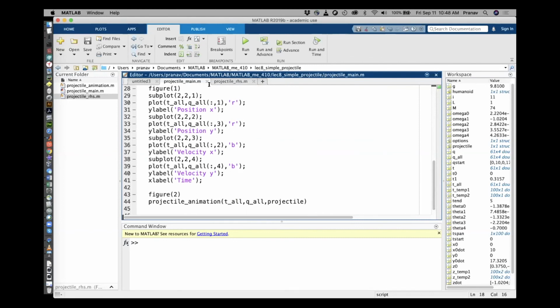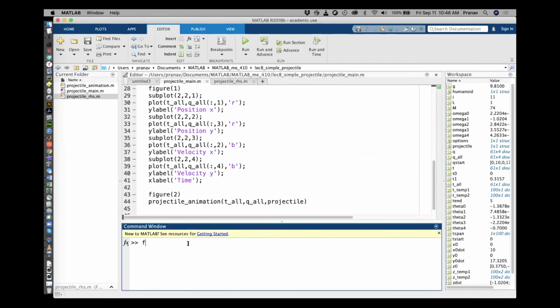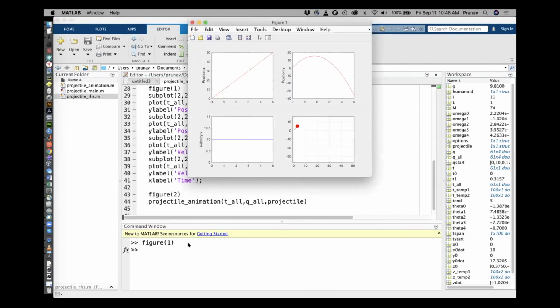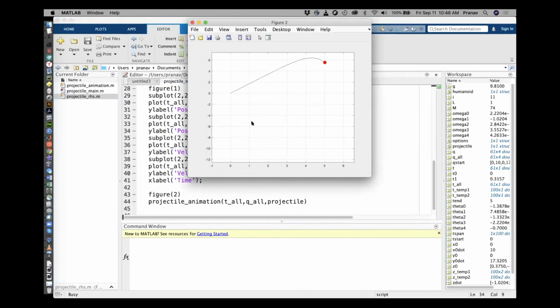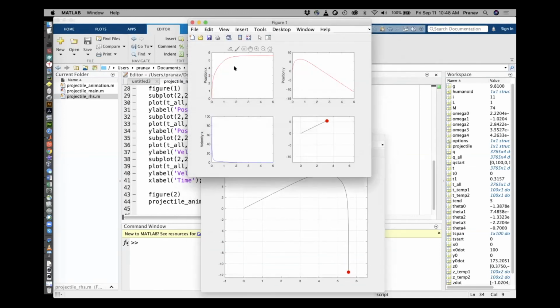A couple of plots. Maybe I did not show the plots. Let me show the plots. Figure 1. So let me run this again for the drag, and then we'll see the plots. Okay, so figure 2 is the animation, but figure 1 gives some plots.